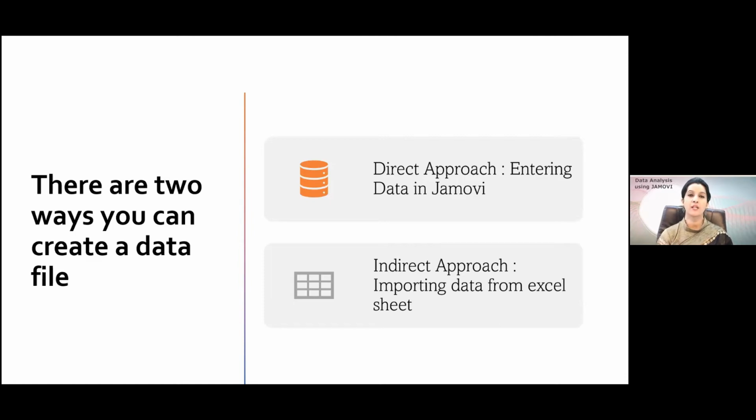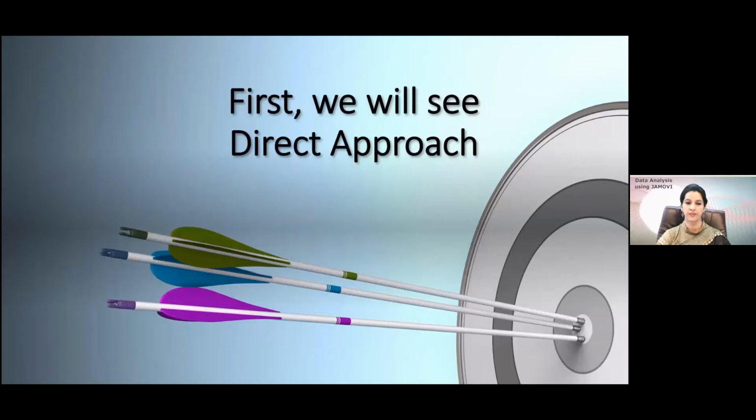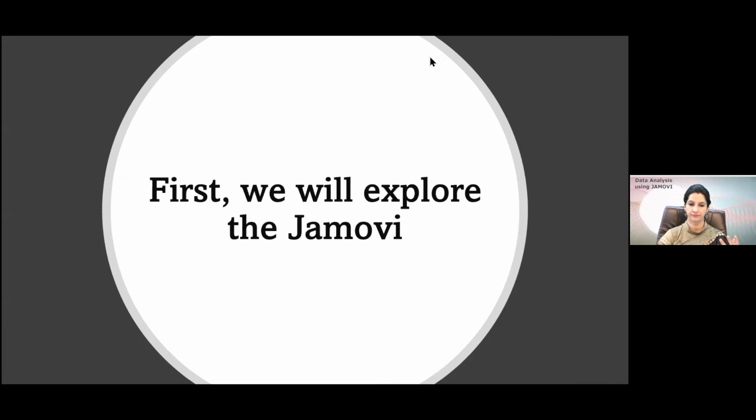We never recommend entering the data directly in SPSS or in Jamovi software, because it is quite a tedious task, and in Excel or a Google Sheet, whichever you adopt, this task is very easy; both are equally good. So direct data entry in Jamovi, we will not recommend, although I will show you a few things on how you can do that, but still it is preferable that you enter your data in an Excel sheet. This direct approach I'll show you once we see that.